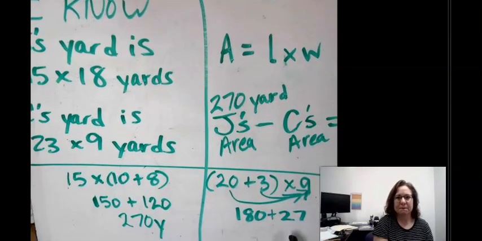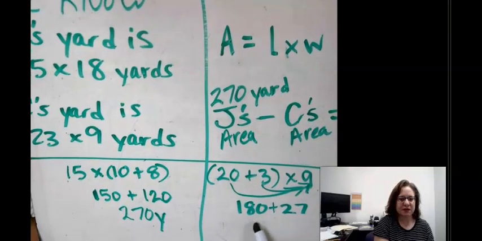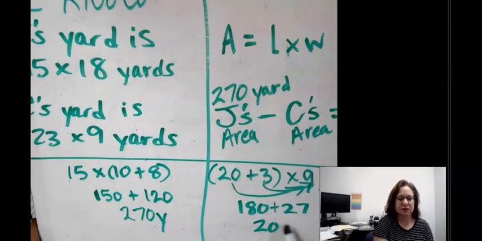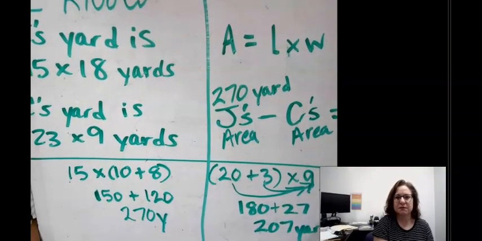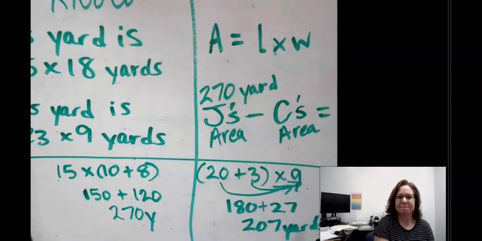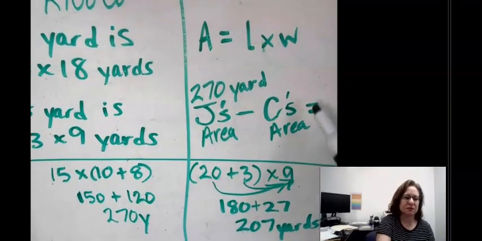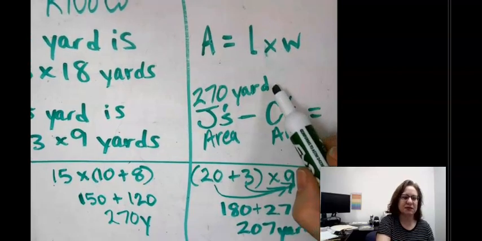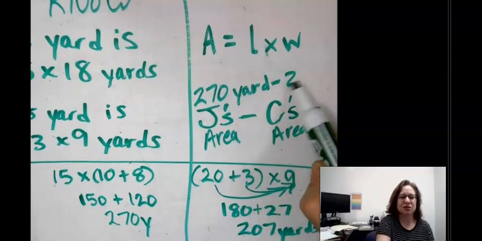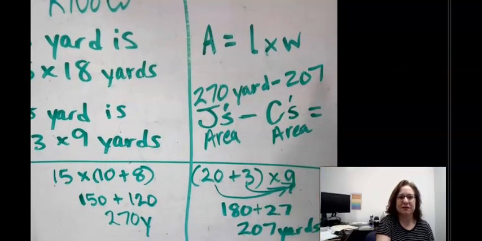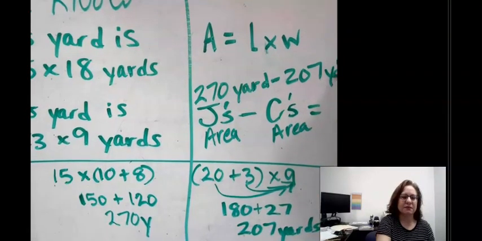And then we're going to combine those, and that gives us 207 yards. That's Carolyn's. Okay, so 270 minus 207 yards.